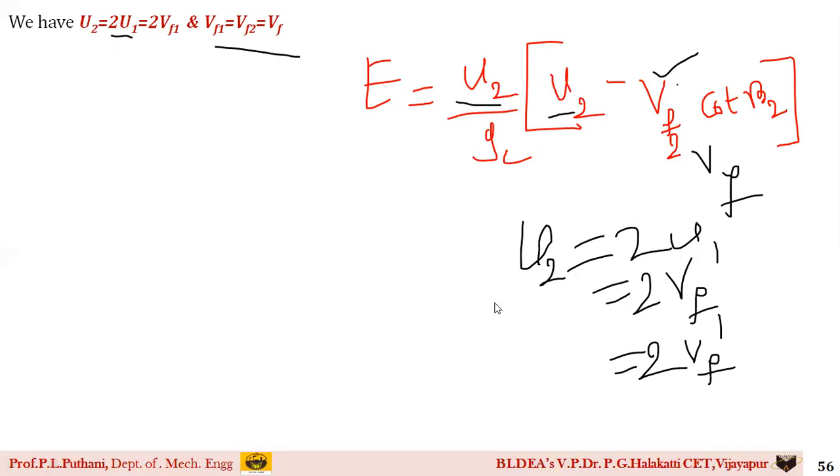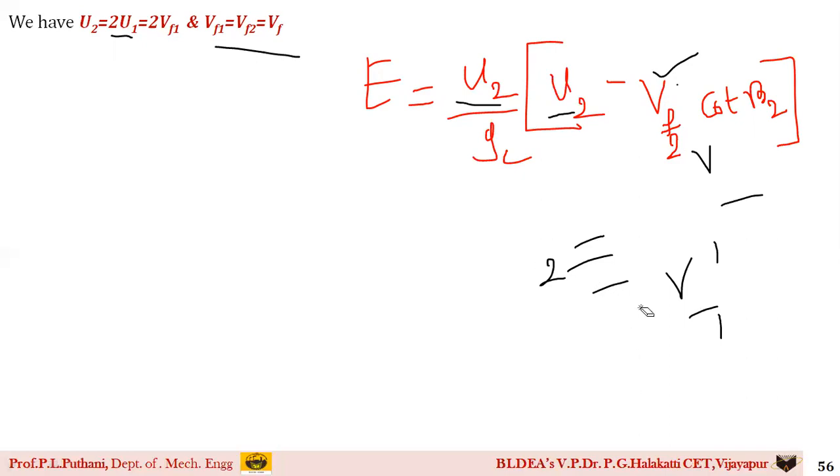Now let us see what we can do. I will simplify these terms, and in the energy equation, I am going to substitute the value of u2 in the form of the flow velocity.